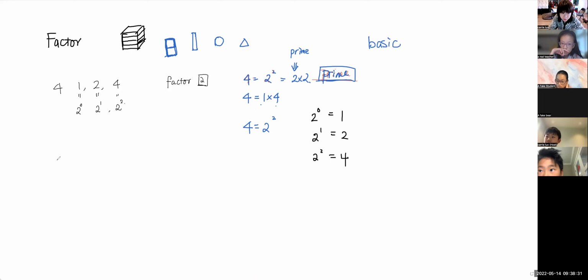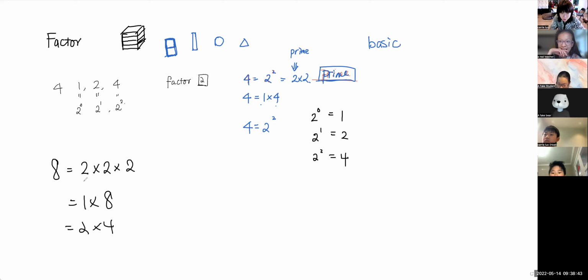Okay, so let's take a look at 8. 8 equals what? 2 times 2 times 2. Of course, Violet said, and a real teacher would say, it could be 1 times 8, or 2 times 4. Why do we have to use 2 times 2 times 2? Because only 2 is a prime number, correct?